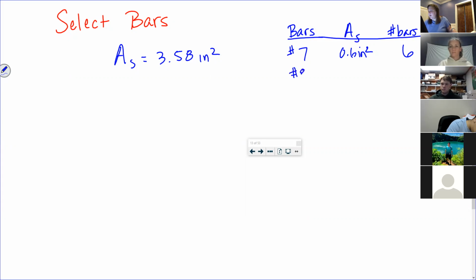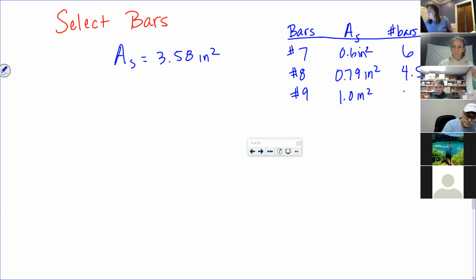If I use a number 8, which has an area of 0.79, I'll need 4.5 bars. So 5, but yeah, you want to be efficient. If I use number 9s, which have an area of 1, I'll need 3.6 bars.